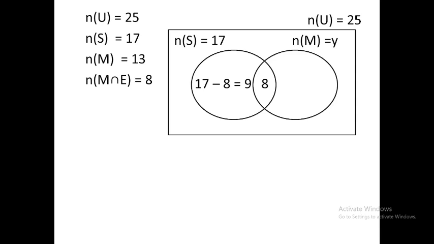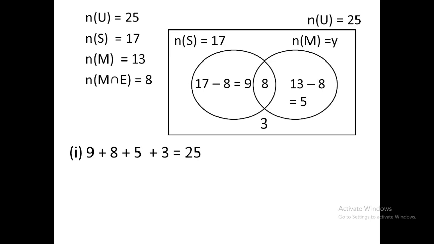Good. That will be 13 minus 8 equals 5. And so it shouldn't be y, but 13. I like that. Confirming everything to be sure it equates to 25, remember, some students did not pass in any subject, and that is 3. So let's merge everything. We have 9 plus 8 plus 5 plus 3, which is equal to 25.